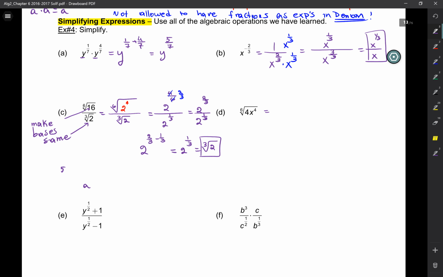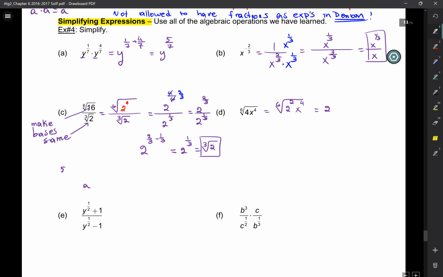I've got a 4, I've got an x to the 4, and I've got a 6th root. So let's change all of this, first of all, let's change the numbers into their bases, and then we're going to do fractional exponents. So 6th root of, what's 4 made of? 2 squared, and this is x to the 4.